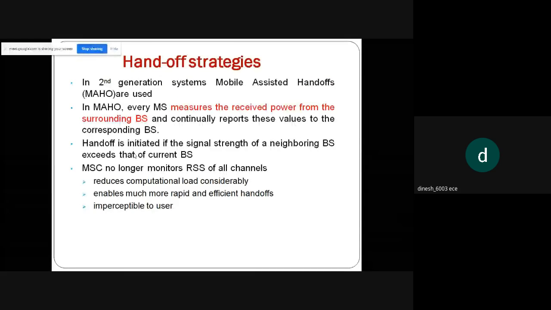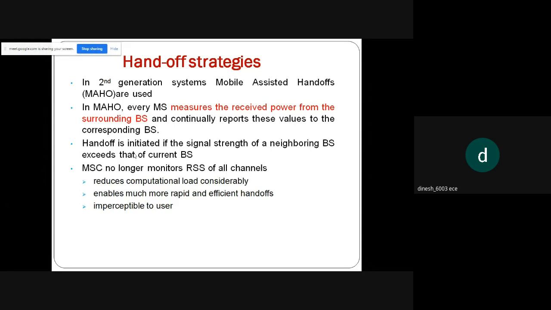In second generation systems, we had mobile assisted handoffs, MAHO. In MAHO, every mobile station measures the received power from the surrounding base stations and continuously reports these values to the corresponding base stations. With this, the signal strength of neighboring base stations can be easily measured.